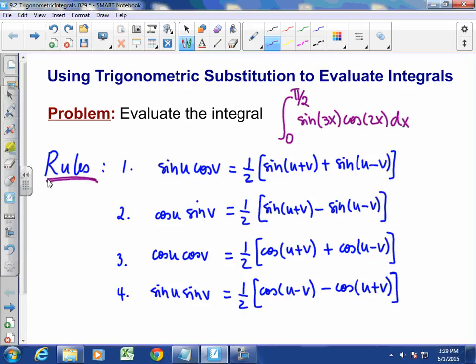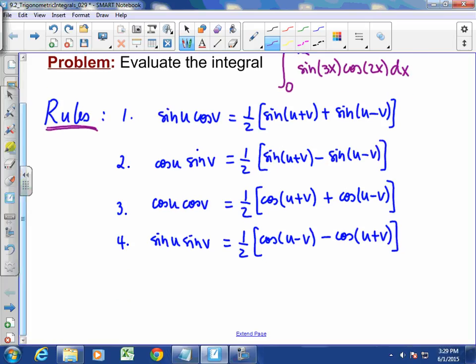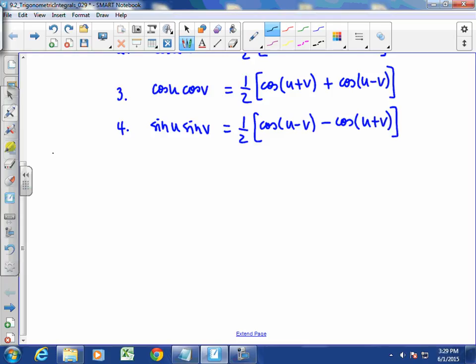The first rule is the one that we are likely to use because we have sine and cosine.